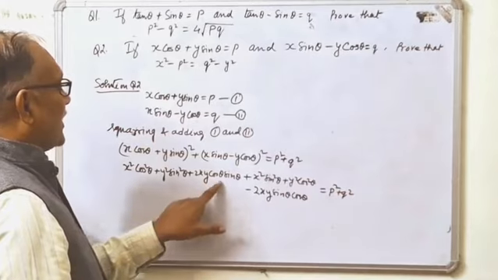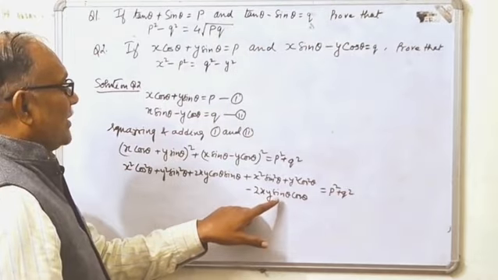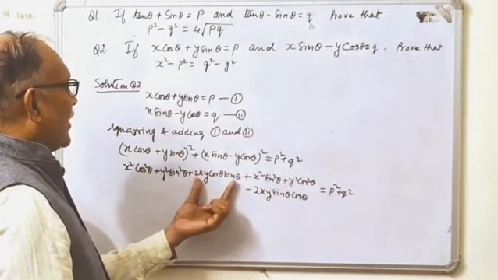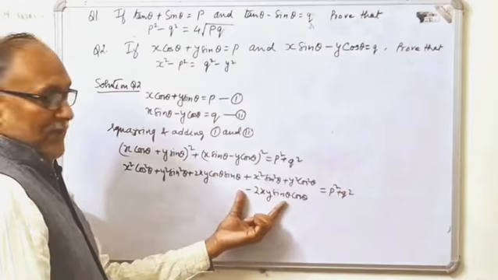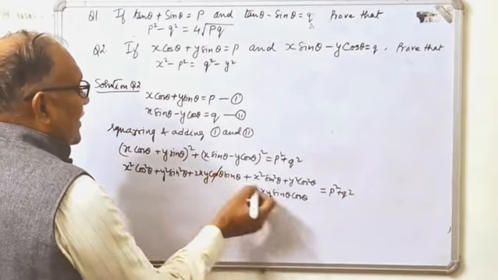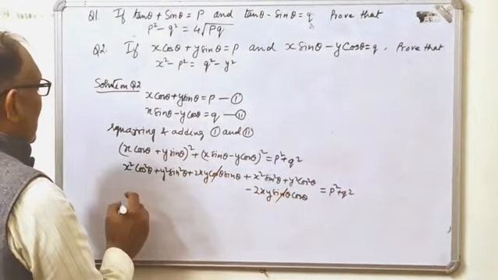Now 2xy cos theta sin theta and 2xy sin theta cos theta are equal and have opposite signs, so they will cancel out.